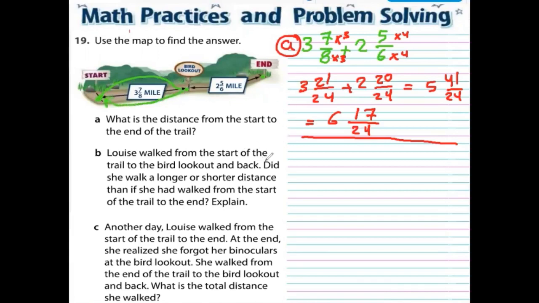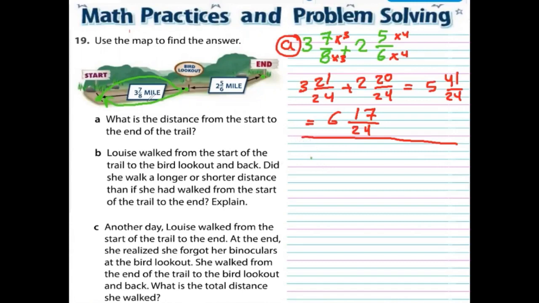Did she walk a longer or shorter distance? We need to know if it's shorter than the finishing to the end or longer. We have two ways to solve this question, guys. I can add them and compare the fractions, or I can use estimation to find. But the easiest way for me now, I think, is to add.